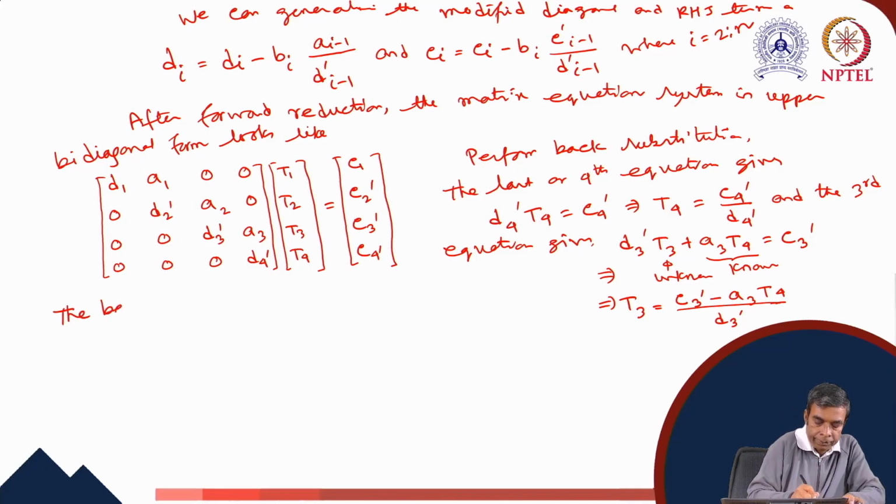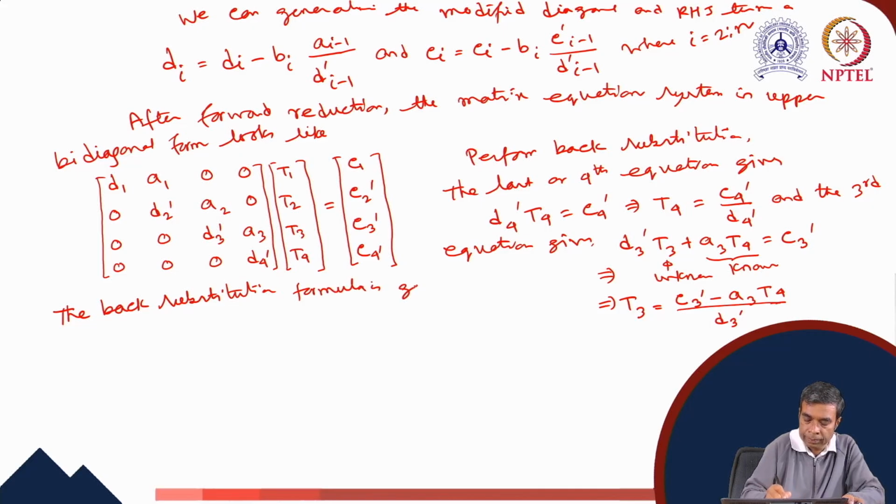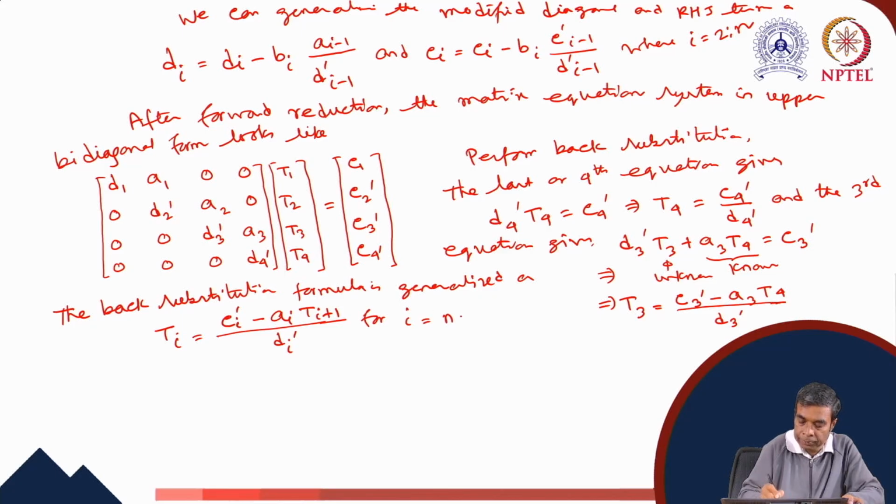The back substitution formula is generalized as ti equals c dash i minus ai t i plus 1 by di dash, for i varying from n minus 1 to 1 in steps of minus 1, and tn equals cn dash divided by dn dash.